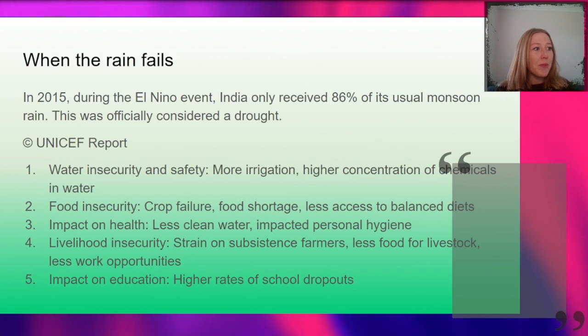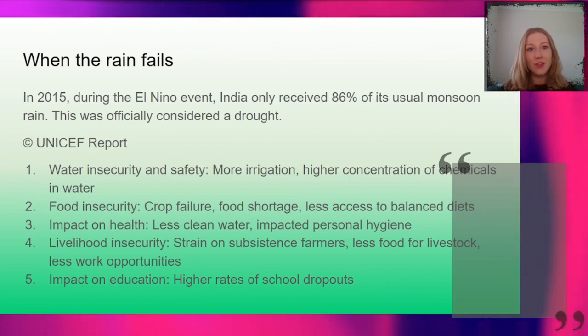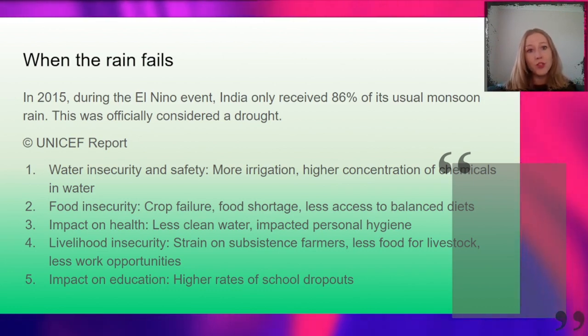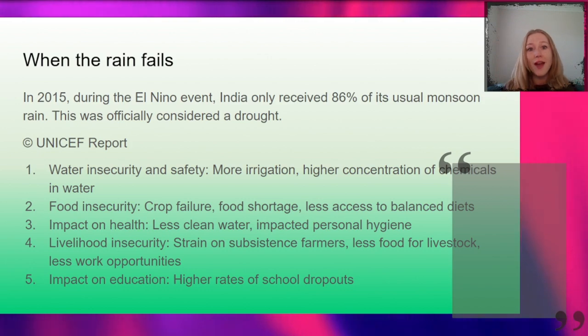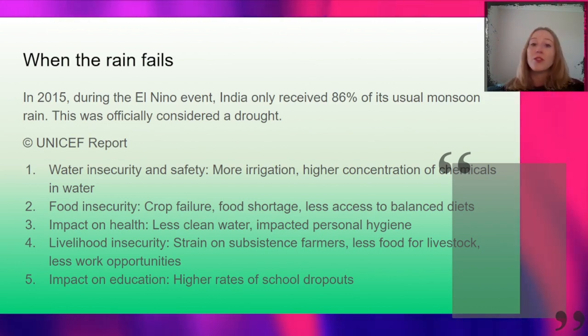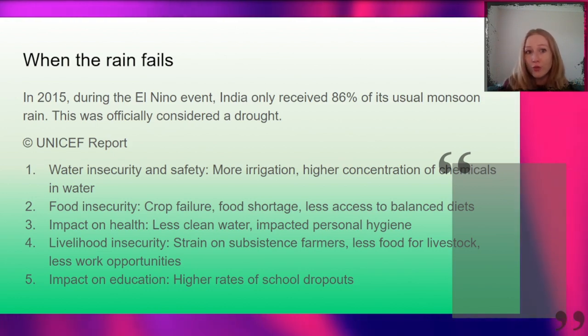This also impacts your subsistence farmers. There's a lot of farmers in India or other countries as well where they are just growing enough produce to support themselves. And if they don't have enough rainfall or even means of irrigation so that they can grow food for themselves or their family, it means no food.